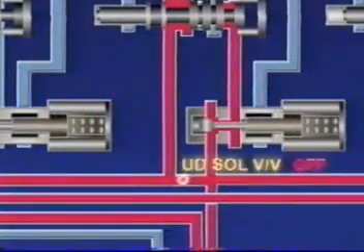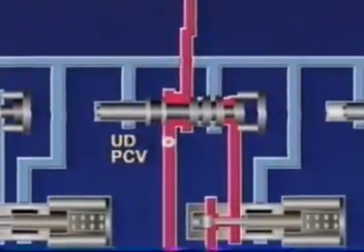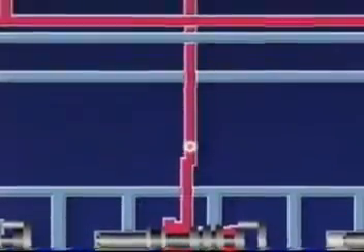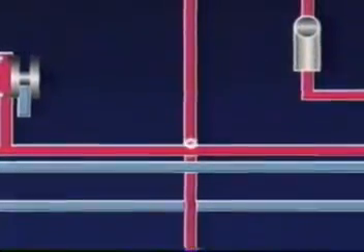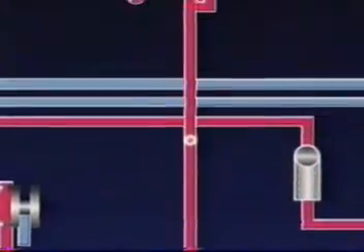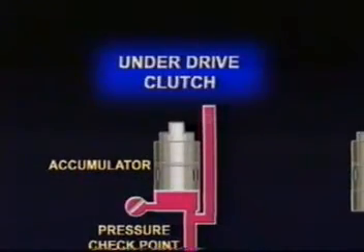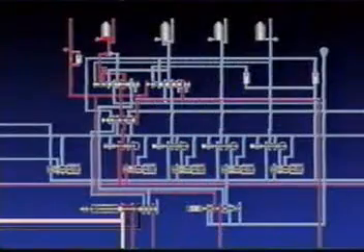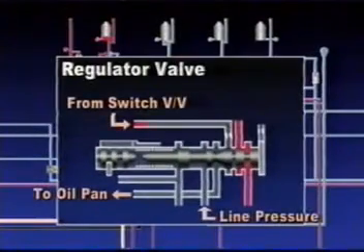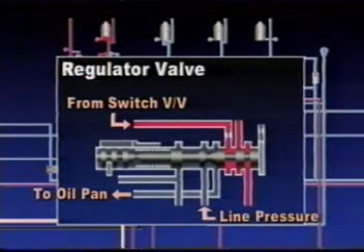Oil pressure is supplied to underdrive pressure control valve from manual valve. Then it passes through the underdrive accumulator without passing fail-safe valve and goes to underdrive clutch directly. Since variable line pressure is applied according to the gear position, oil pressure to the underdrive clutch is always adjusted by regulator valve operation.